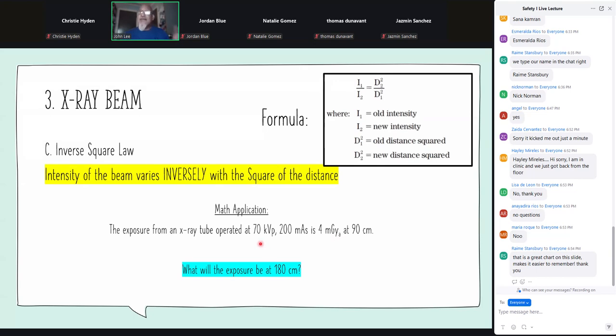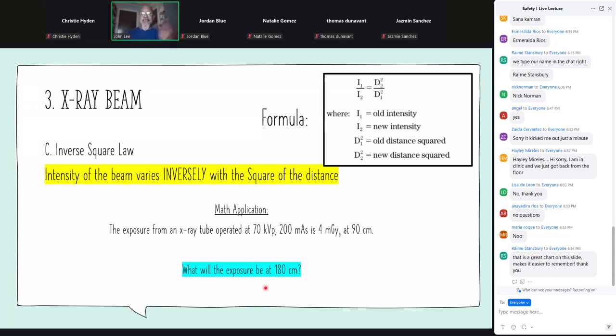We have a kV, we have a mAs, we have an intensity or a measurement of exposure, and a distance. The key is to look at the question, which is, what will the exposure be? So just stop there. What will the exposure be tells us we're looking for an intensity, right? Since we're looking for an intensity, the inverse square law comes to mind.